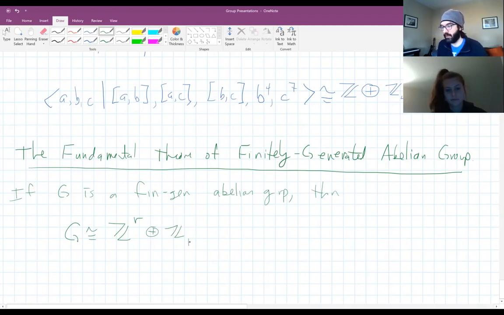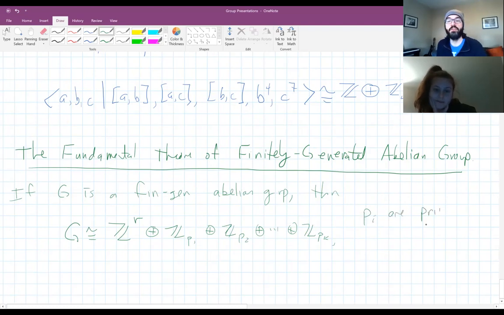I'm going to say that the pi are prime, but there are other ways to formulate it.